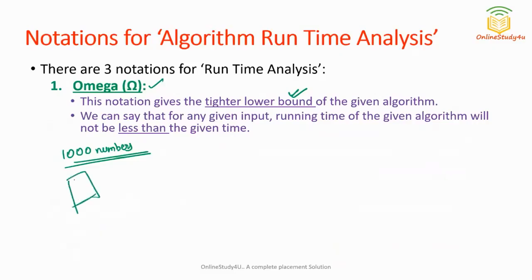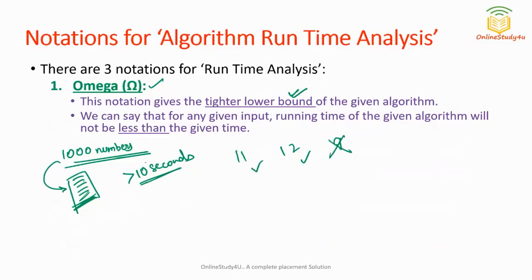Suppose we have written a code to perform this task, and this algorithm always takes a time greater than 10 seconds. Means what is the minimum time this algorithm will take? It will take 10 seconds. Now it can take 11 seconds, 12 seconds, but it will not take 9 seconds because that is less.